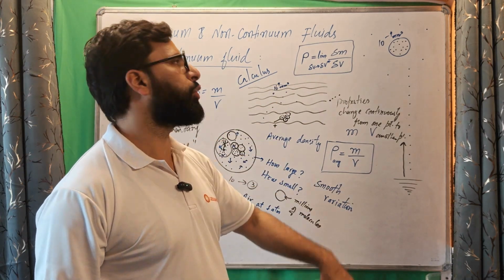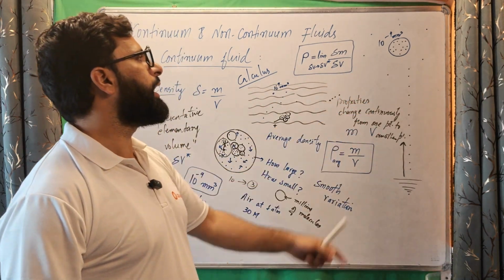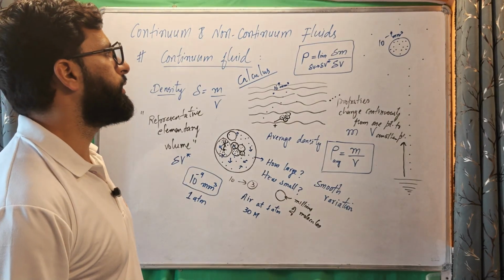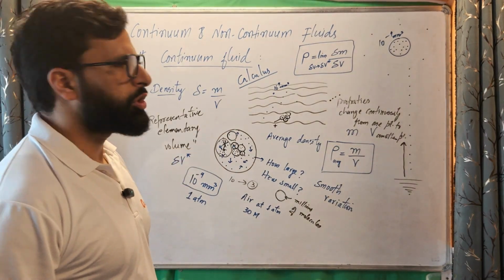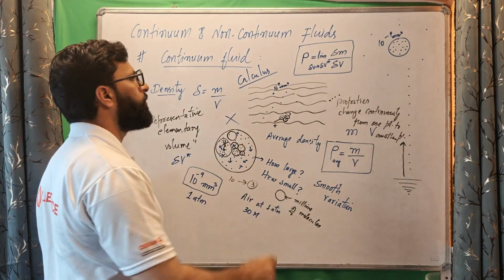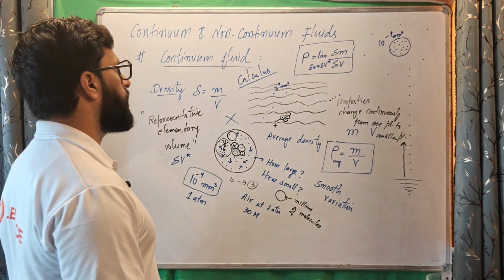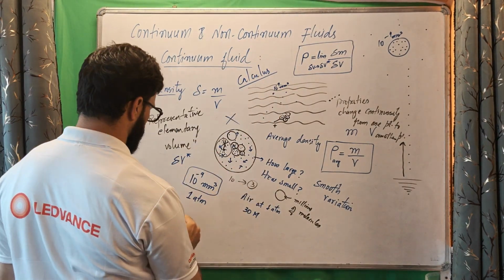Thousands of molecules coming out will significantly affect the density, and going in will significantly affect the density. In those situations we cannot use this continuum fluid. That fluid is called non-continuum fluid.